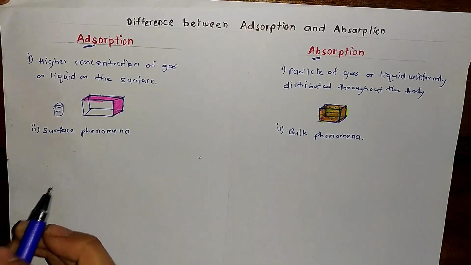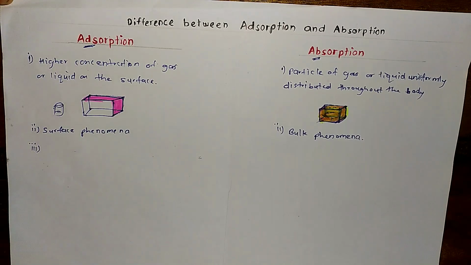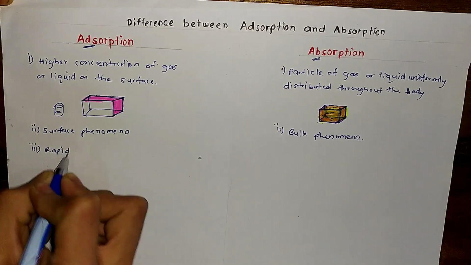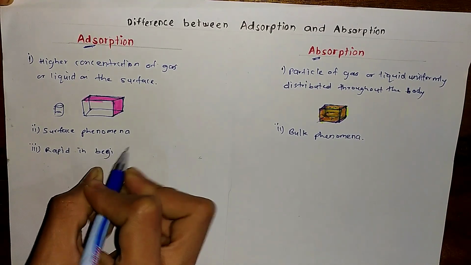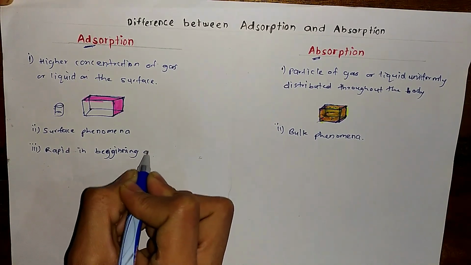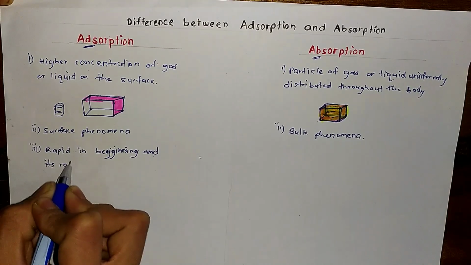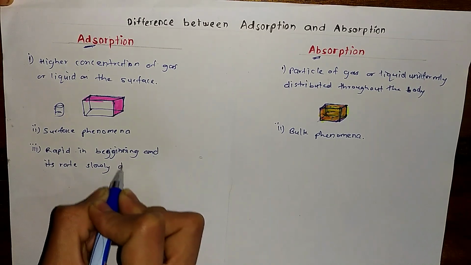Third difference between adsorption and absorption: adsorption is rapid in the beginning and its rate slowly decreases.